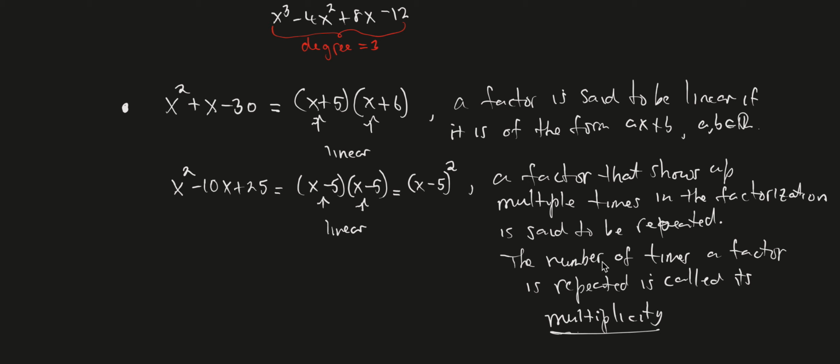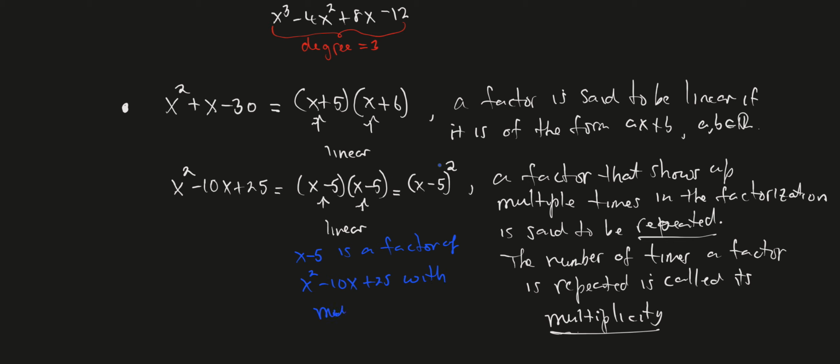So we've got multiplicity, repeated, right? So in this case, we can say that this polynomial has a repeated factor of x minus 5 with multiplicity 2, right? So let's write that down. So x minus 5 is a factor of x squared minus 10x plus 25 with multiplicity 2.